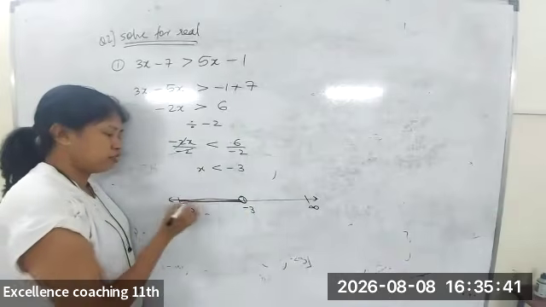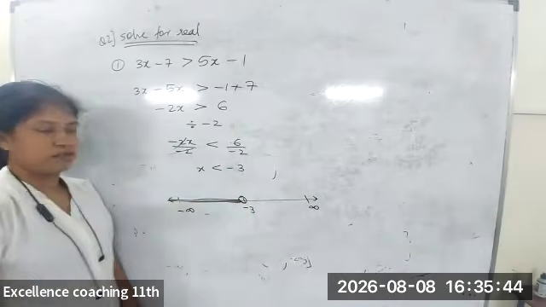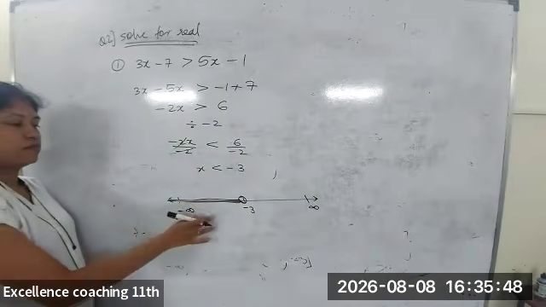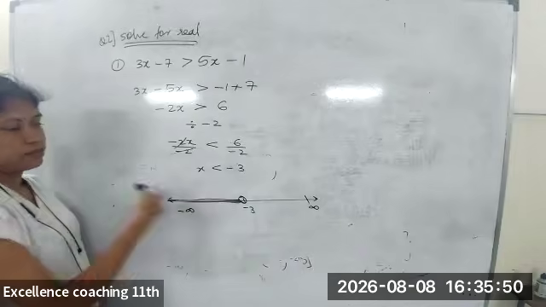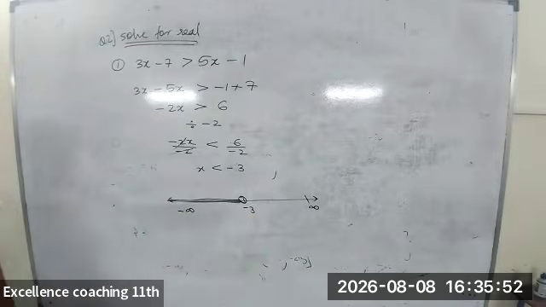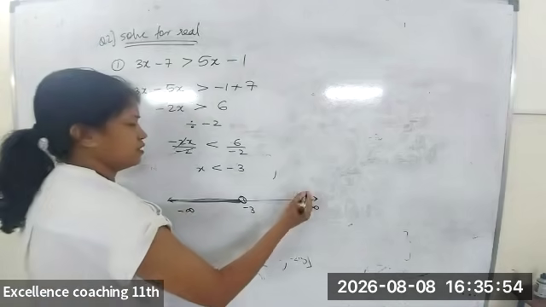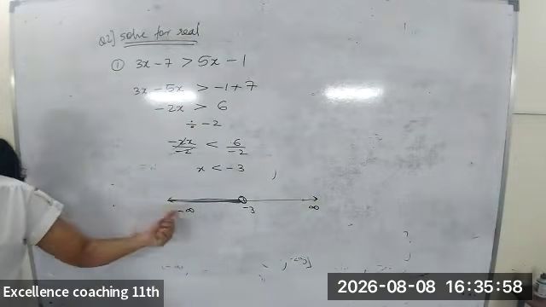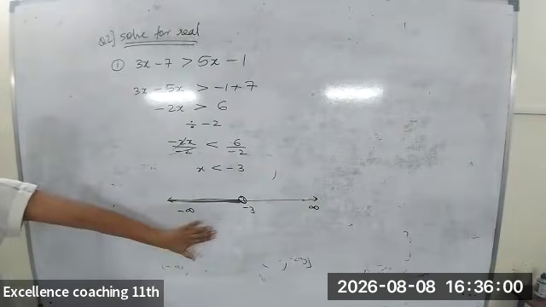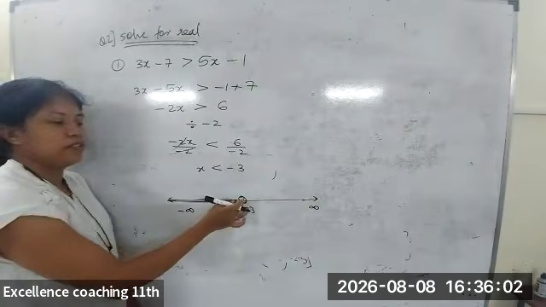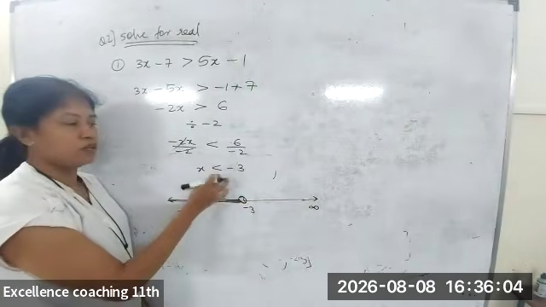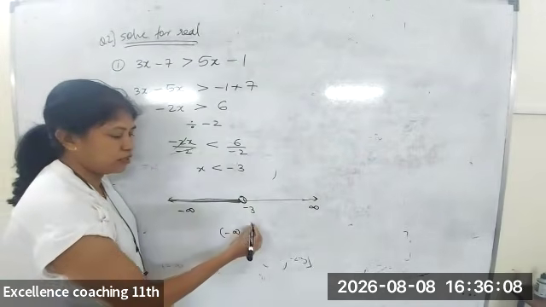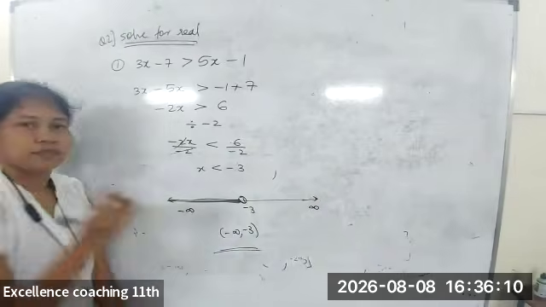Left hand side. This side is empty. Not required -2, -1 and all. You can just directly put it and keep. Only this they will check properly, whether you are putting open or closed. Open. And what will be the answer? Straight away minus infinity to -3.